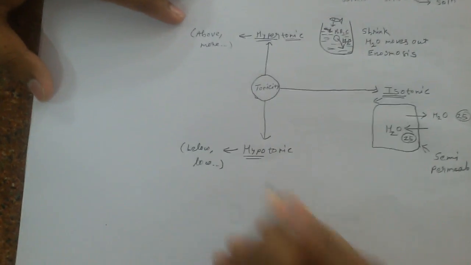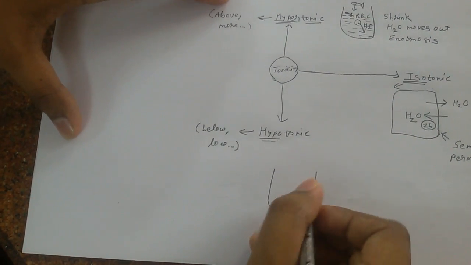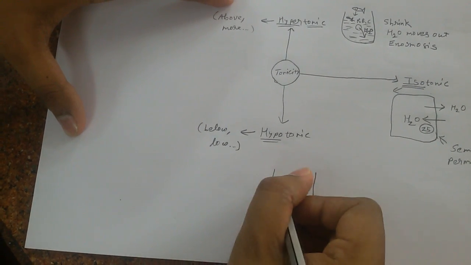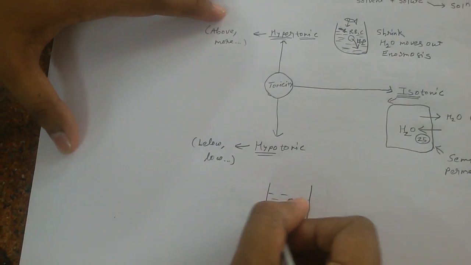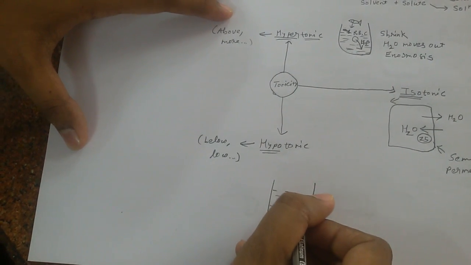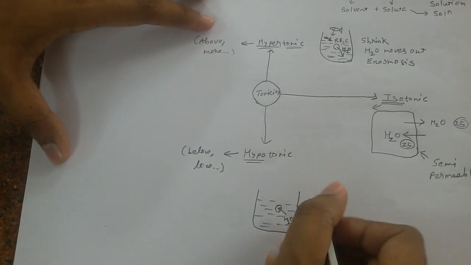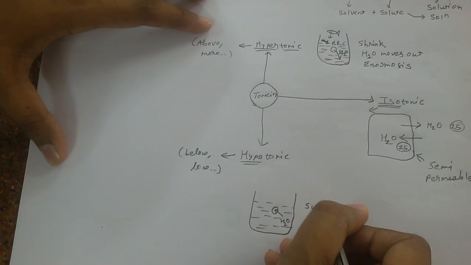Opposite to that is hypotonic solution. In case of hypotonic solution, if I take RBC and I put it in, say, distilled water or tap water, water moves inside the RBC. So what happens? Correct. It will swell.